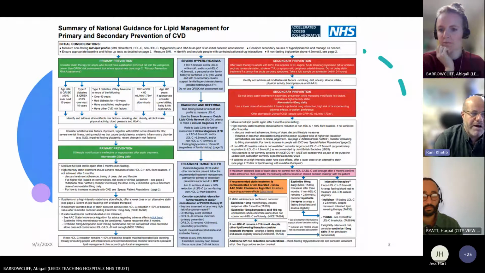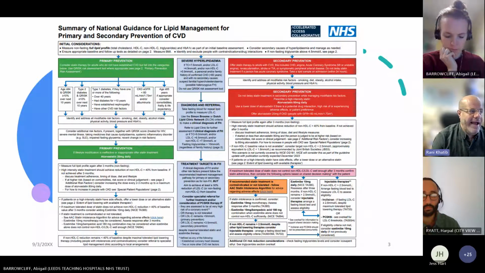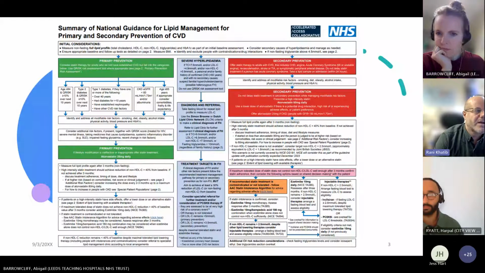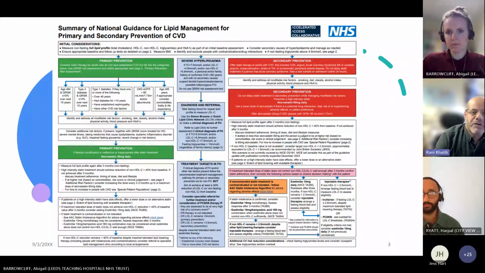The front of the pathway basically has got the following. The top header there, where it says initial considerations, is all about the things that you need to be thinking about when you want to manage patients' lipids. It is all about the baseline bloods that you need to order, thinking about a full lipid profile every time that you do lipid optimization, not just the total cholesterol, because you want to understand the bigger picture.